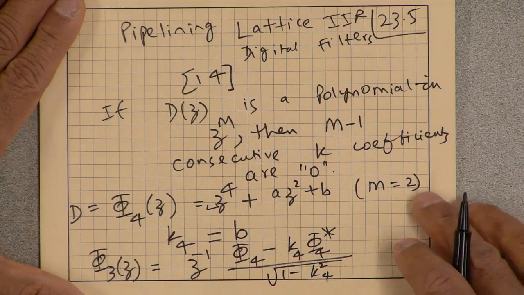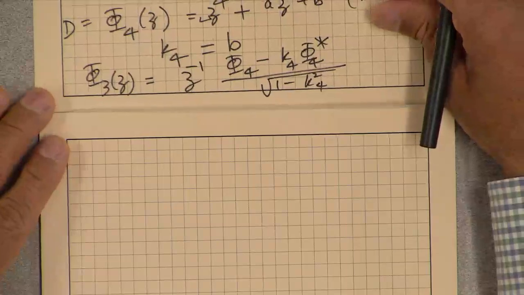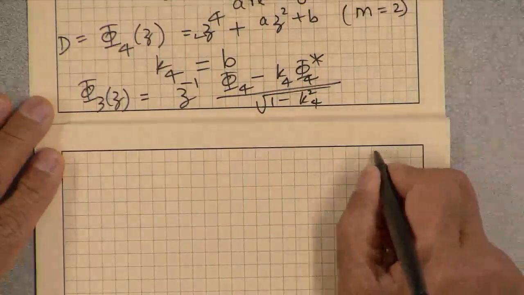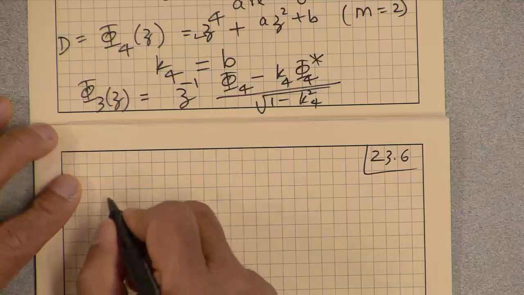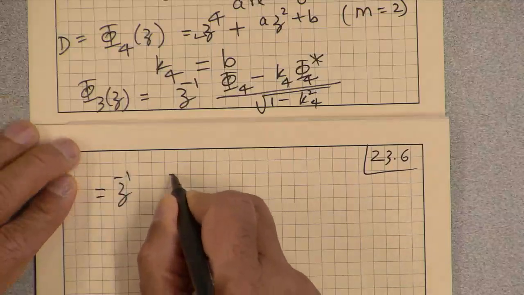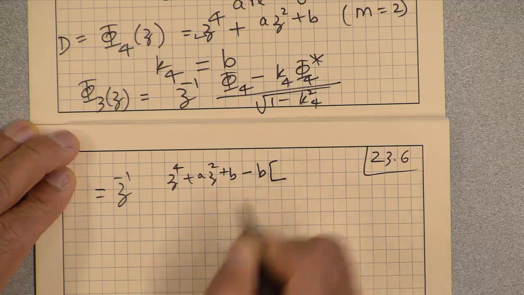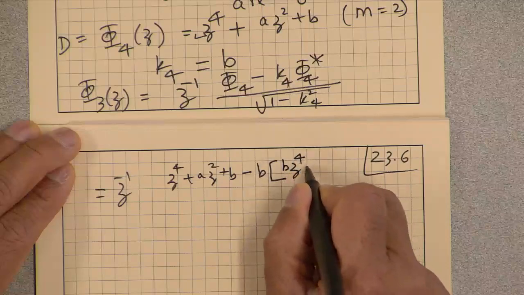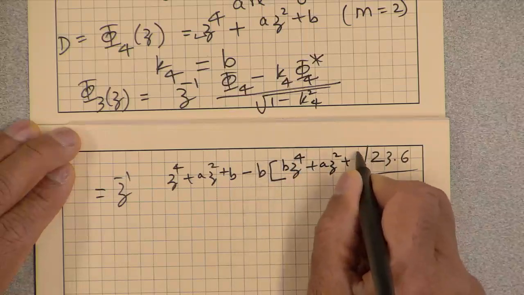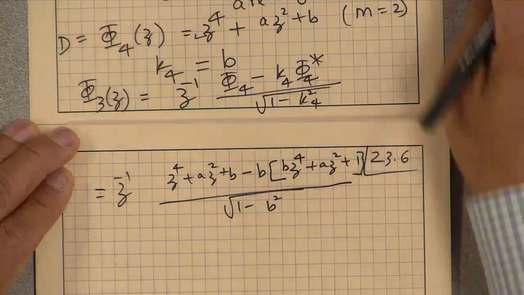And so if I just substitute, this is z to power 4 plus a z squared plus b, minus b times the reverse polynomial, which is b times z fourth plus a z squared plus 1, divided by the square root of 1 minus b squared.